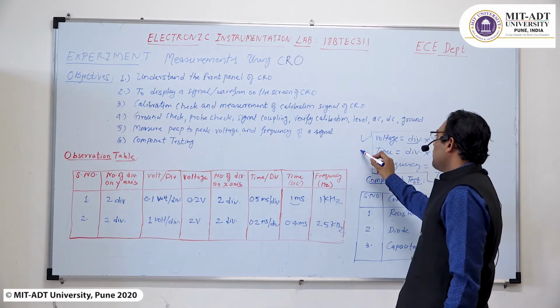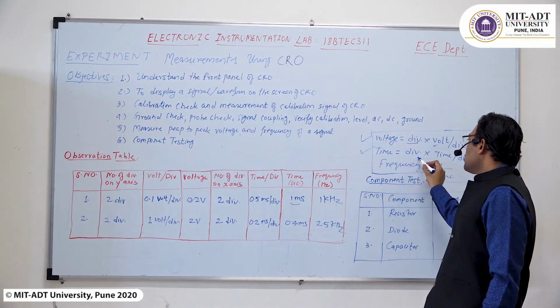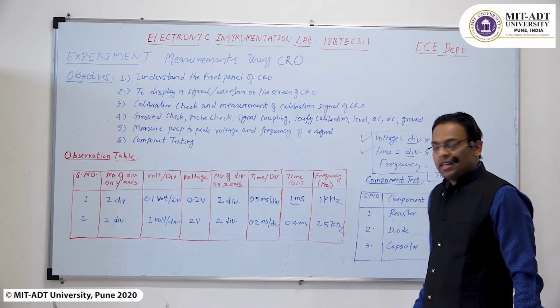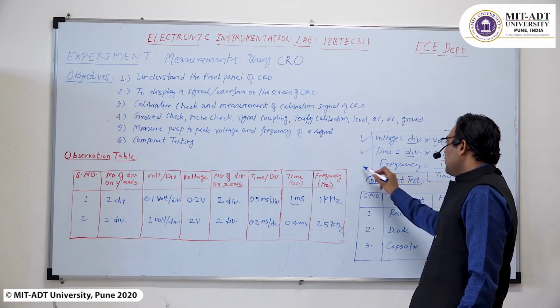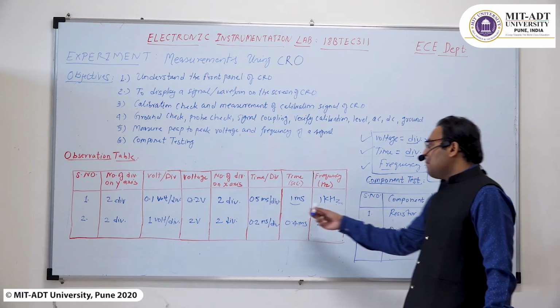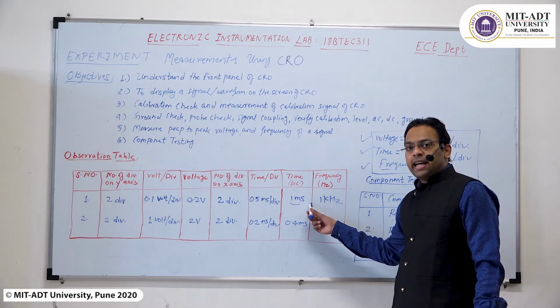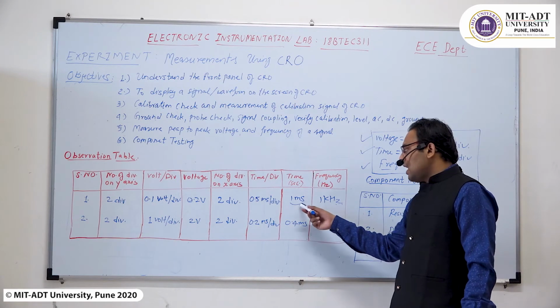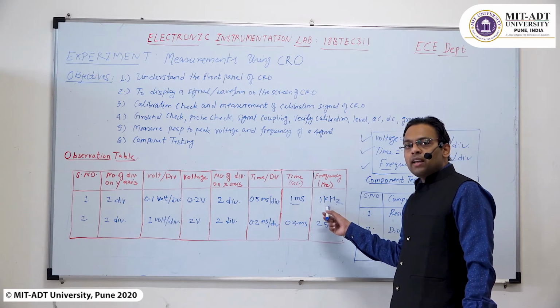This formula we are using: time is equal to the number of divisions on the x-axis multiplied by time per division. The frequency is given by 1 upon the time period. So 1 upon 1 millisecond gives you 1 kilohertz. 1 upon second becomes hertz, and 1 upon milli becomes 1 kilohertz.